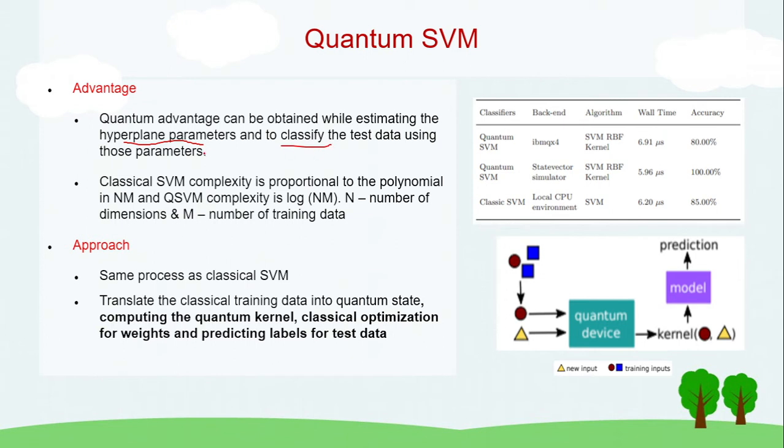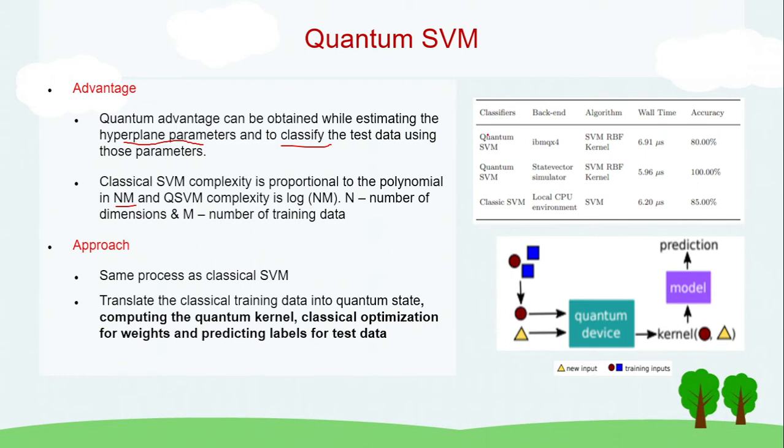Under those two circumstances, we can get a big advantage in terms of speed. So how good is it? SVM complexity is proportional to a polynomial in NM, whereas QSVM complexity is given as log NM. What is NM? N is the number of dimensions, M is the number of training data. You can see a good speed up which will happen.